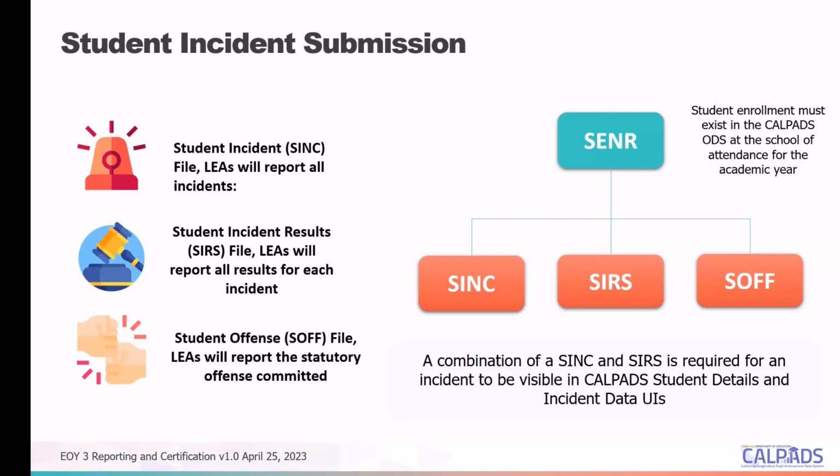Well, we don't have incident location, right? We have incident date. That's part of the SINC file. And then where's the student getting the result from? If the student is suspended, they're suspended from the school they attend, not necessarily the location in which they got in the fight, right?